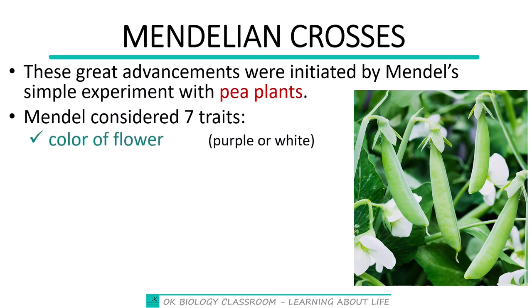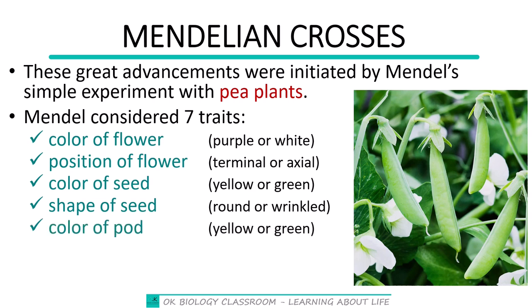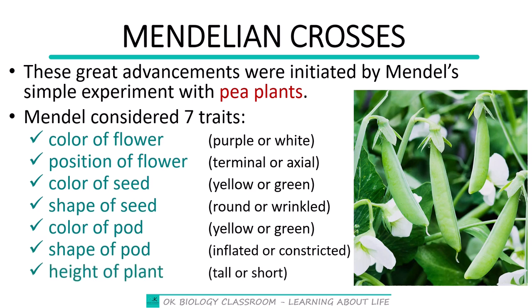So he considered the color of the flower, whether it is purple or white, the position of the flower, whether it is terminal or axial, the color of seed, whether it's yellow or green, the shape of seed, whether round or wrinkled, the color of pod, whether yellow or green, shape of pod, whether inflated or constricted, and finally height of plant, whether tall or short. But I have not arranged them in any particular order.